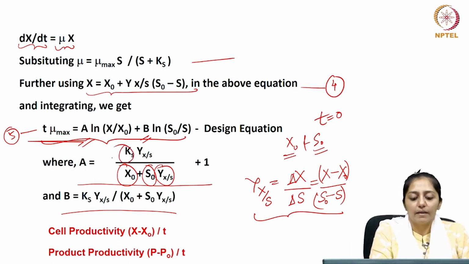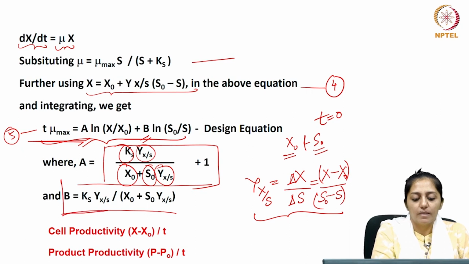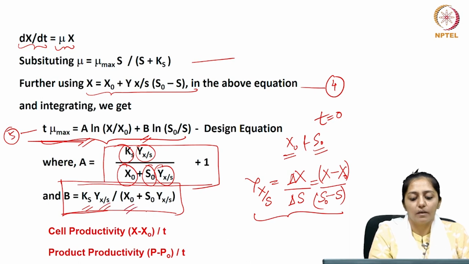So, this entire entity is therefore a constant. Similarly, B is a club of the constants Ks, Yx by s, X naught and S naught.